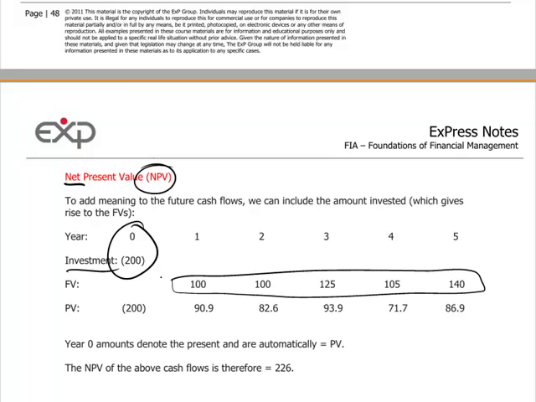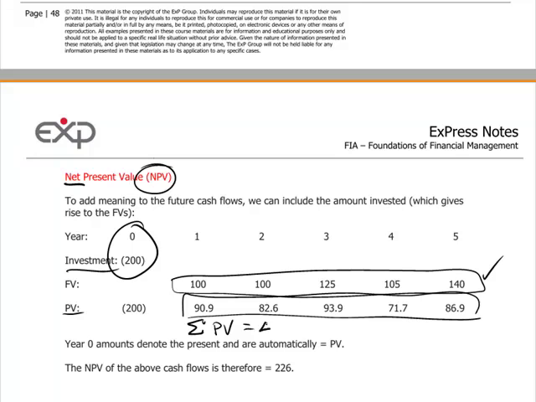Now, we've said that if we know the discount rate, in this case 10%, we can discount these cash flows to their present values, and we've already added together these future cash flows. The sum of the present values, we said you can check earlier in these notes, was 426. So the returns from the project, their present value is 426.